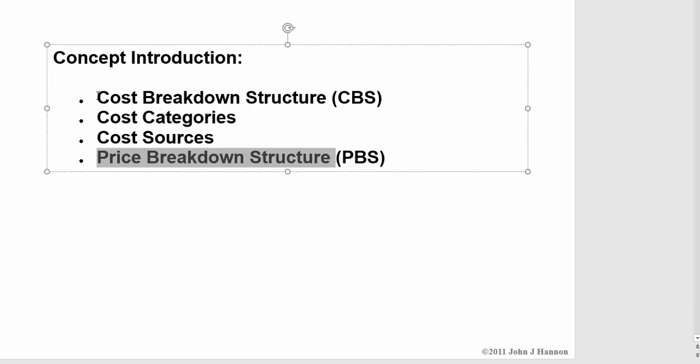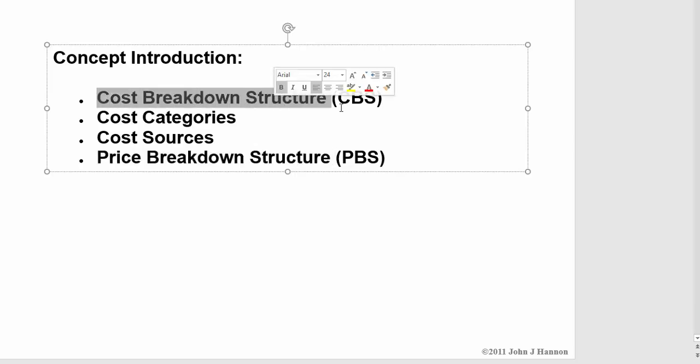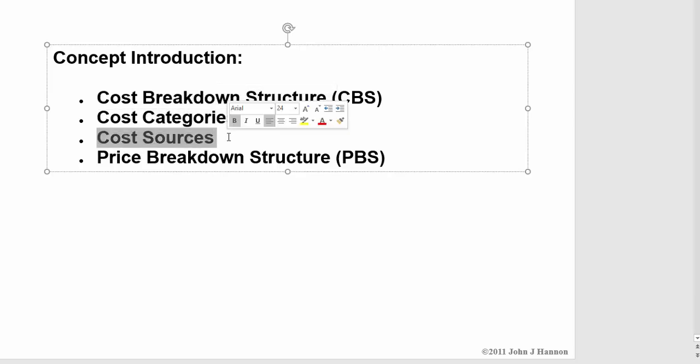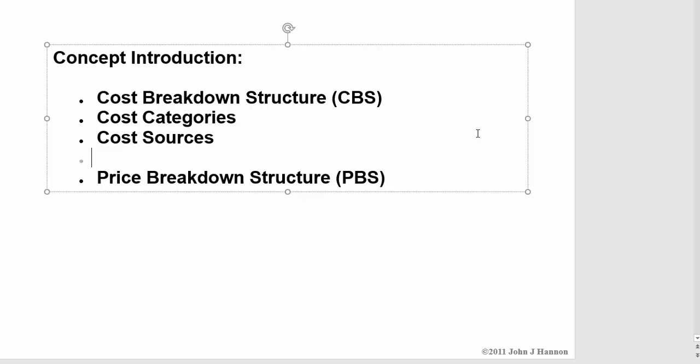And associated with the cost breakdown structure, known as the CBS, there are also cost categories and cost sources. Probably another word that I want you to know for the final exam.